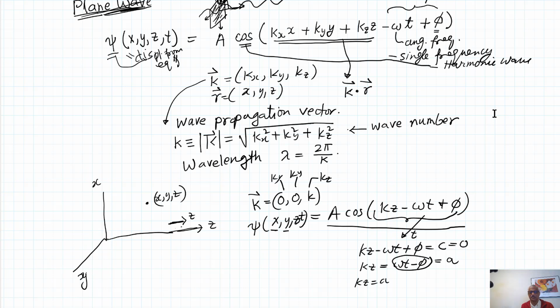Well, this is a plane parallel to xy, right? So this thing has the same value at all of these planes. Such a thing where this is constant, same value.